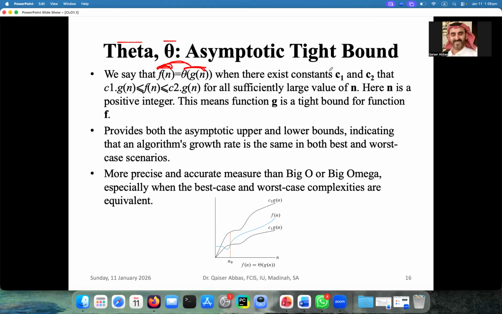And here you have to find two constants, C1 and C2, and N0 is the same concept, okay? You have to find N0, and then you have to find two constants, C1 and C2. And then the equation for theta is f of n would be greater than or equal to C1 g of n and less than or equal to C2 g of n.